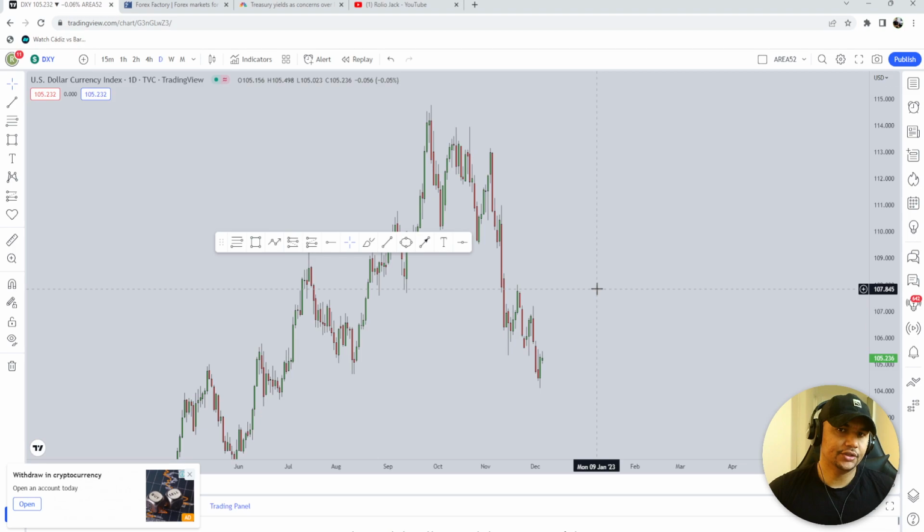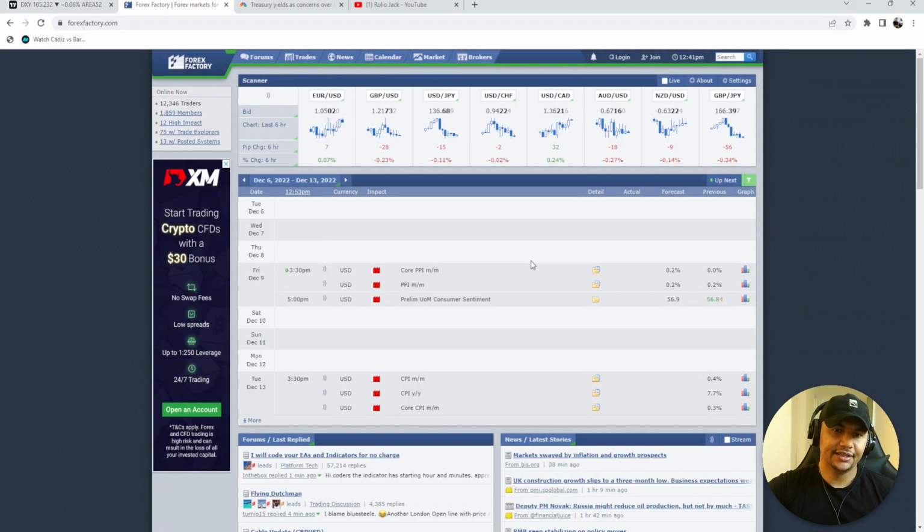So what do we do? We rely on fundamental data. This data tells us exactly what is happening in the country, and a country that's wealthy or healthy will have a healthy currency as well. But if a country's economy is not doing well, you can expect that country's currency to do badly as well. And that is what we are going to take a look at today.